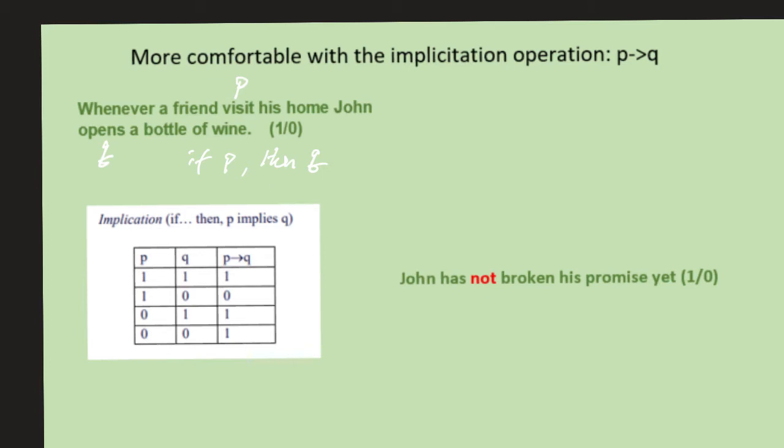Now, in the case a friend visits and John opens a bottle of wine, that implies true. If a friend visits and John doesn't open it, that implies false, and that's by mistake.